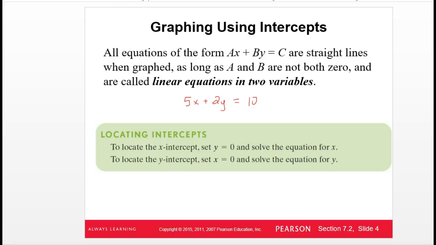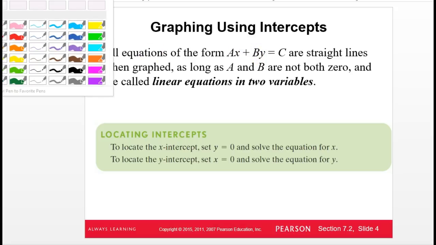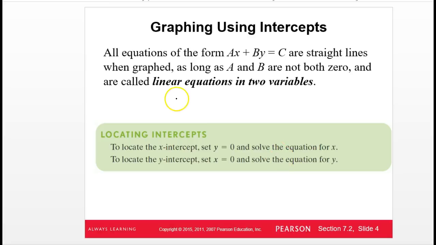So as long as both x and y are not 0, there is at least one variable in there, then we call that a linear equation. Now, it may not be in that form, but we could write it in that form. For instance, 2x equals 5y minus 10.